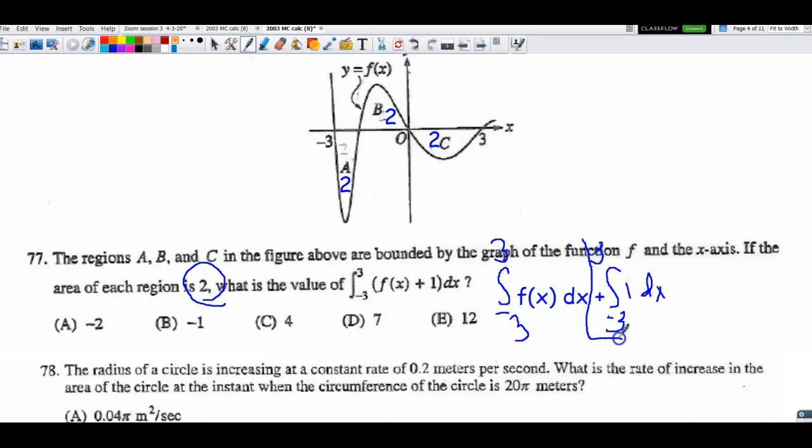So this particular piece we know is a rectangle that is 1 unit high, and from -3 to 3 is a span of 6, so the area of that part alone is 6.